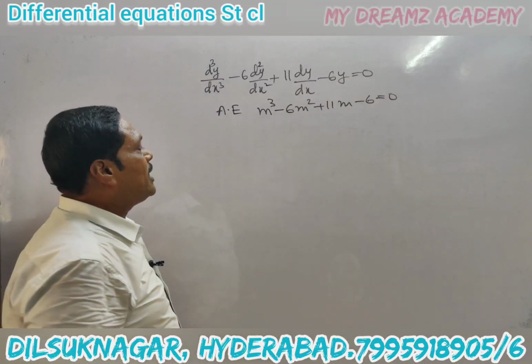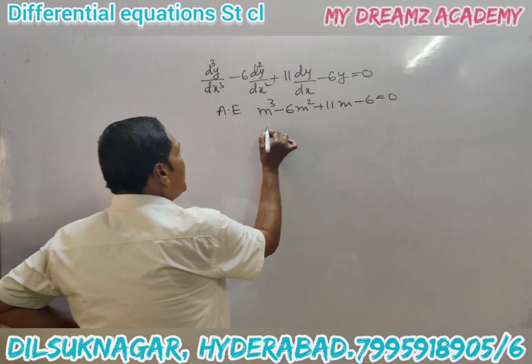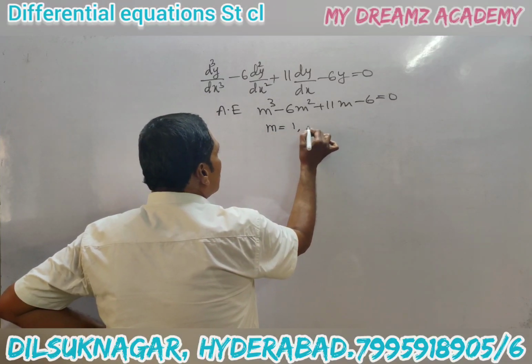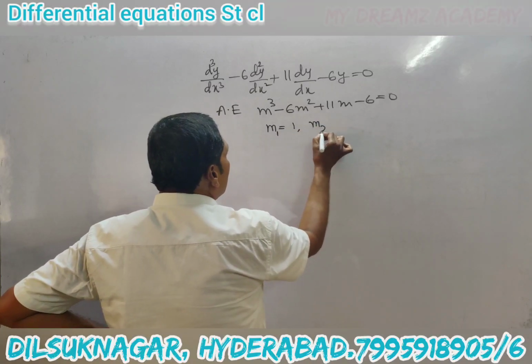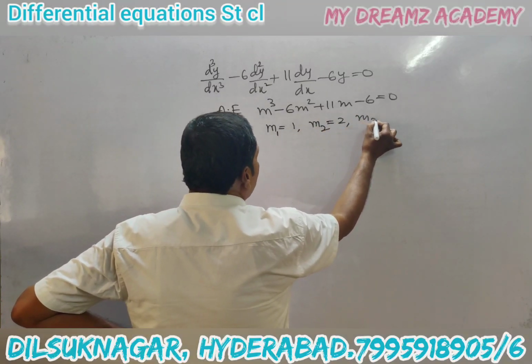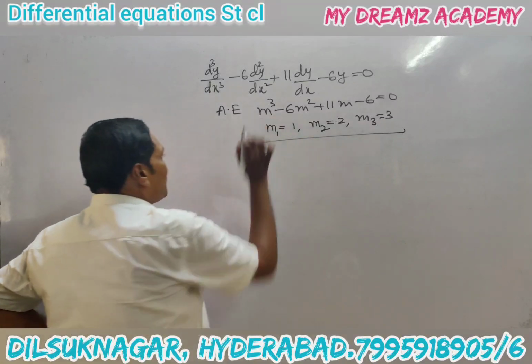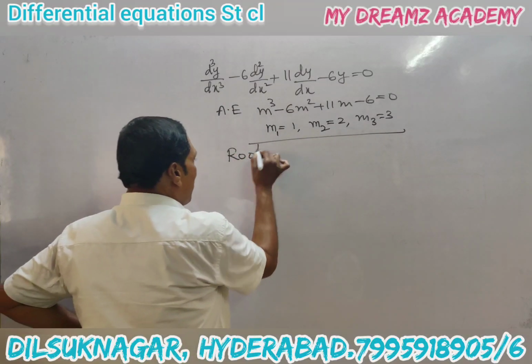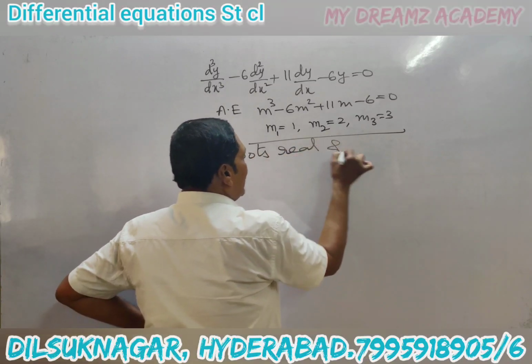Here two roots must be found. So one root is, I am just writing the roots, m1 is equal to 1, m2 is equal to 2, m3 is equal to 3. These three satisfy the equation. Therefore, you should write roots are real and different.